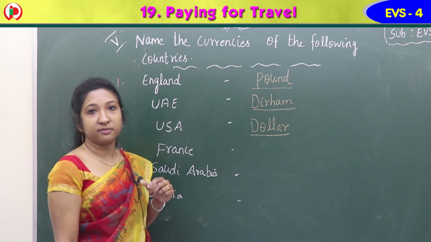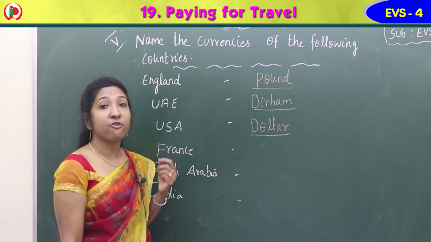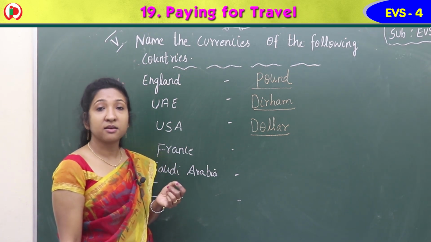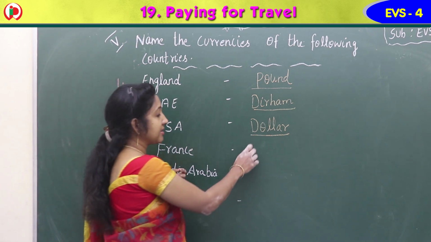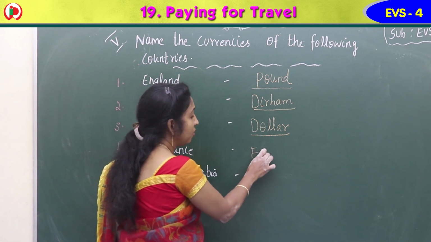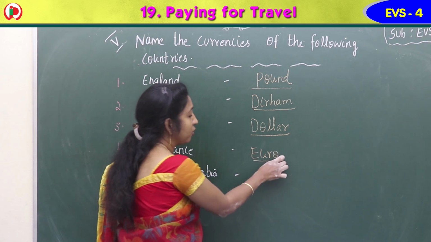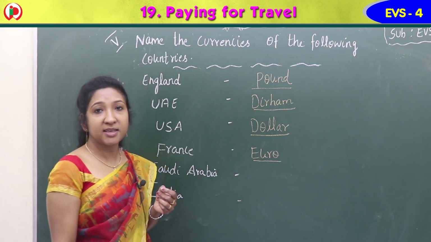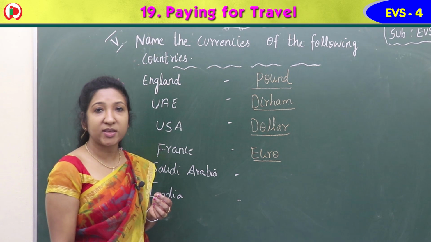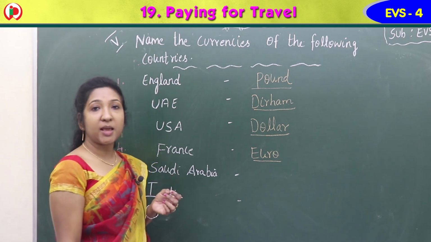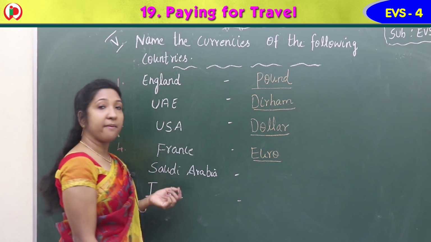Now France. Name the currency of France. It is euro, E-U-R-O, euro. We learned all these things, isn't it? Yes, the currency of different countries. Now Saudi Arabia. Fifth one, Saudi Arabia.